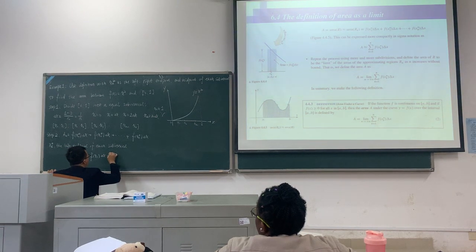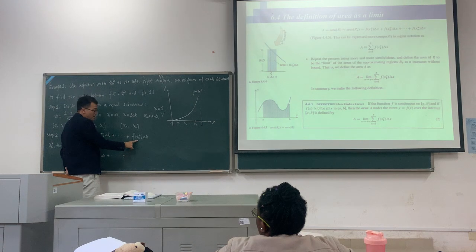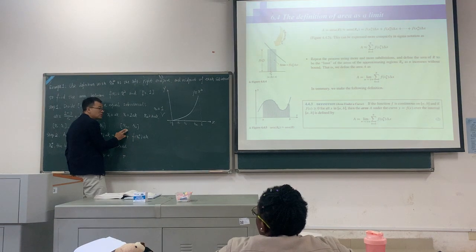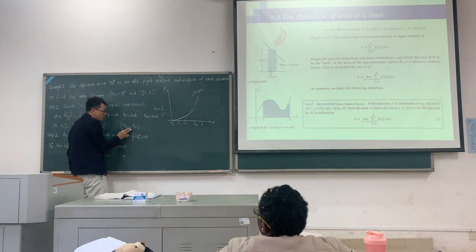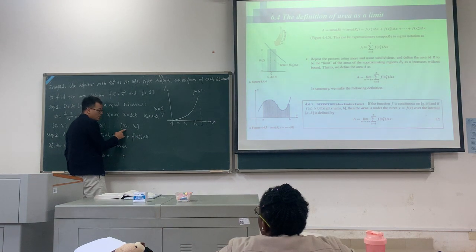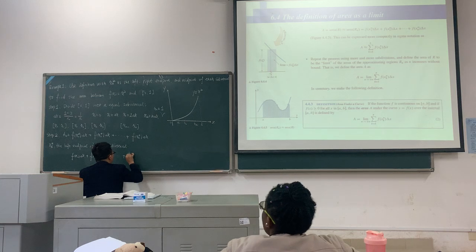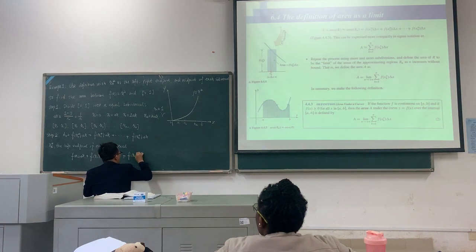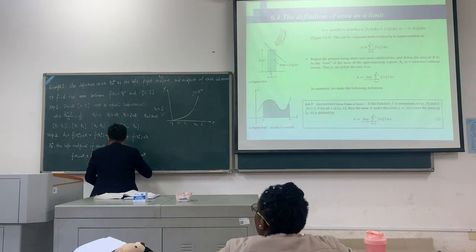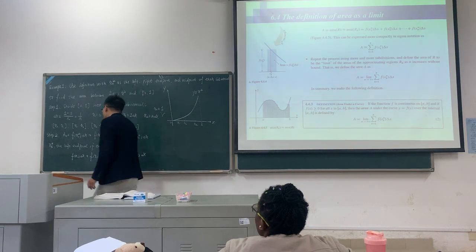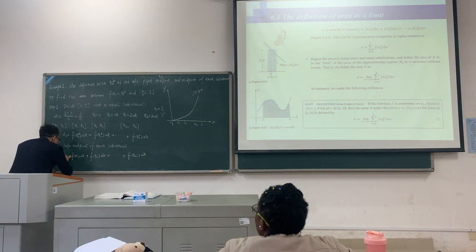So go on. The last one, xn star, belongs to the last subinterval, and we choose the left endpoint of the last subinterval. So xn star is what? x(n minus 1). So f(x(n minus 1)) times delta x. So here is An.